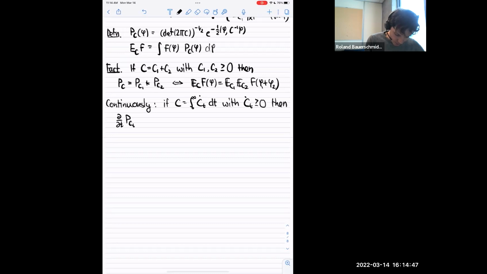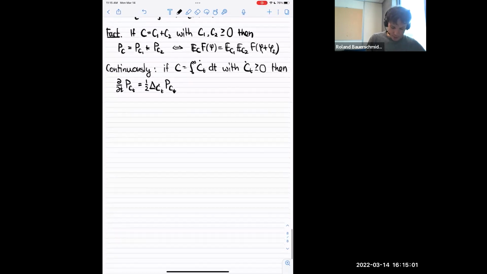So if you have the Gaussian measure P with covariance C_t, it satisfies a heat equation where this Laplacian with C dot t is a very high dimensional one.